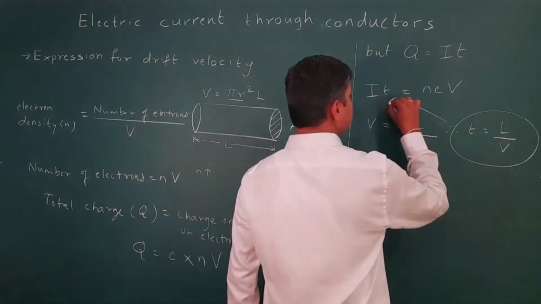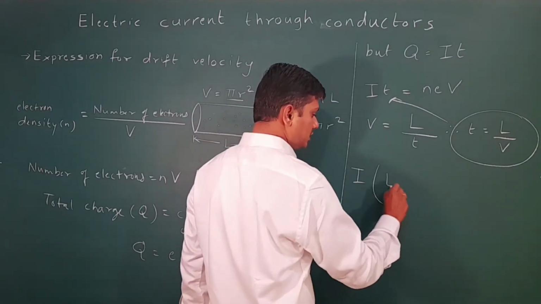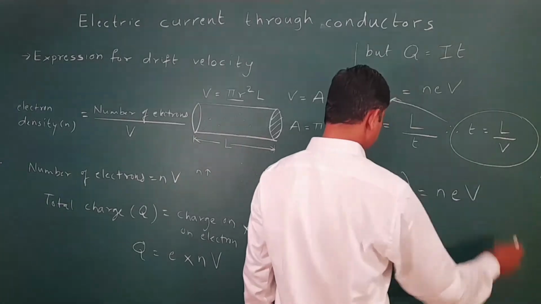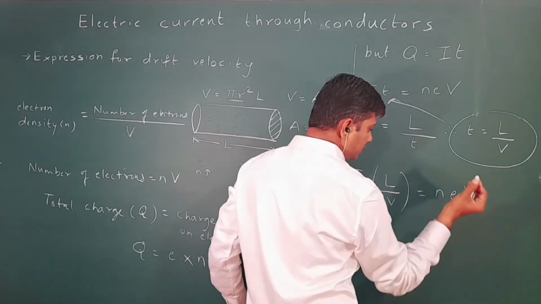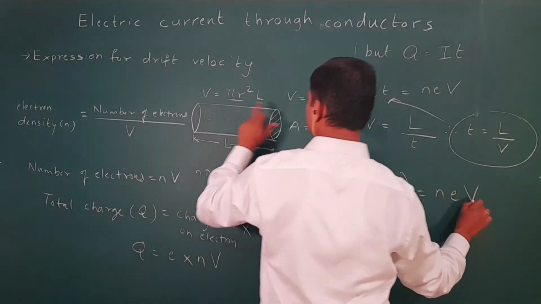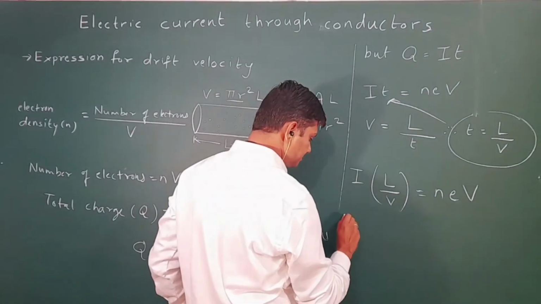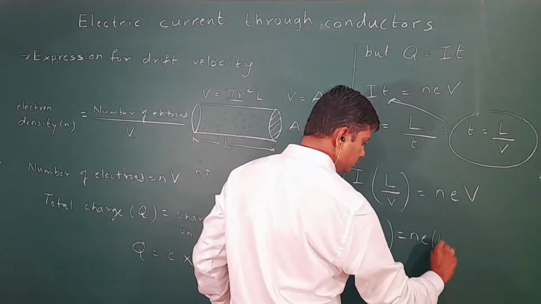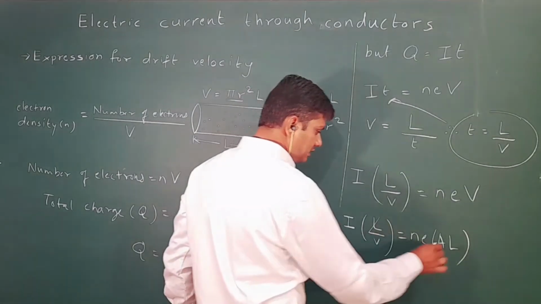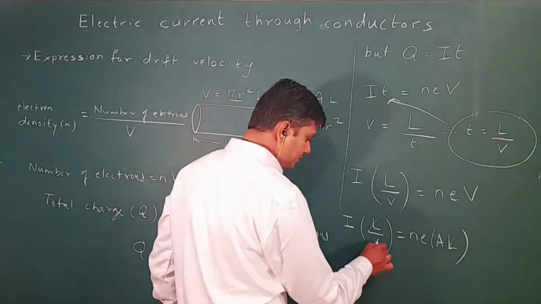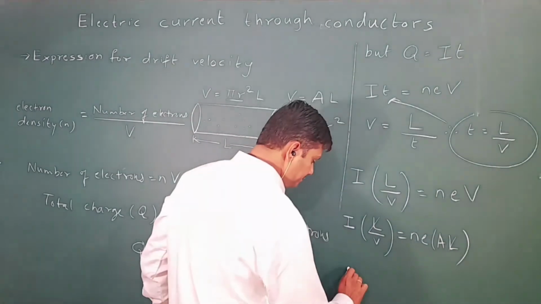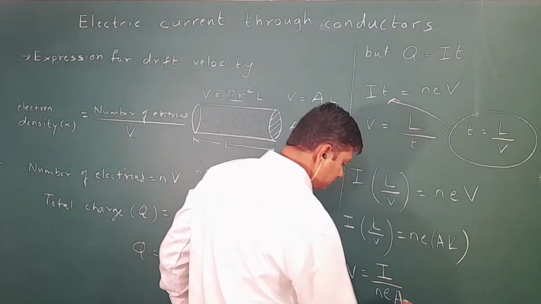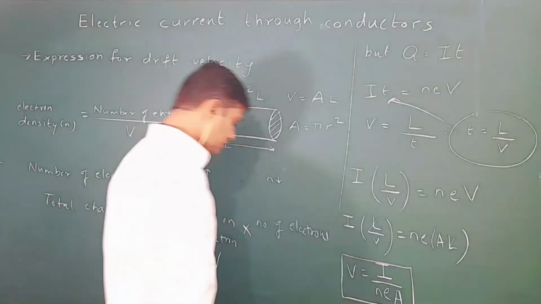Now put this value of t in this expression, we get I into L upon v is equal to n e V. Here this V is the volume, so putting volume is equal to area into length, we can write I into L upon v is equal to n e A L. So this L gets cancelled, so this drift velocity can be written as v equals I upon n e A. This is the required expression for the drift velocity.